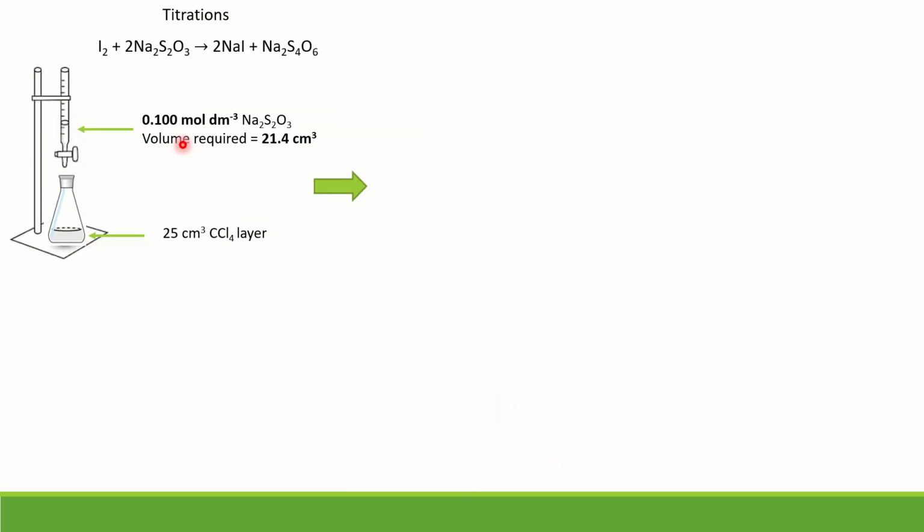Now, to find the concentration of iodine inside this CCl4, first you find the number of mole of sodium thiosulfate. Concentration times the volume. You get 2.14 times 10 negative 3 mole. How do I get the number of mole of iodine? So, 1 mole of iodine requires 2 mole of sodium thiosulfate.